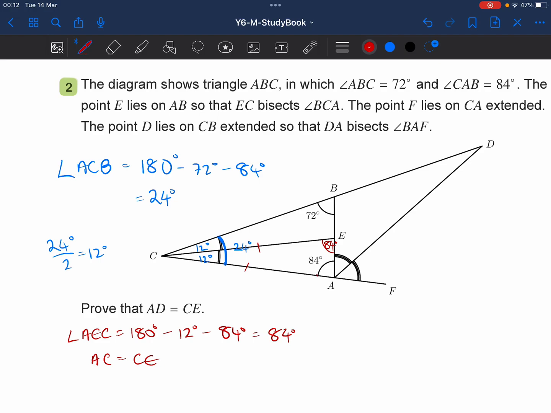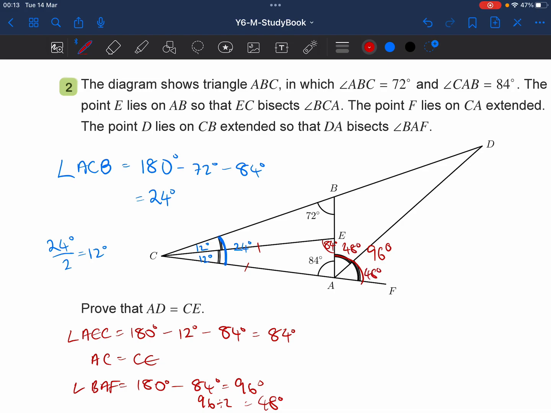So we can look at the angles on a straight line, which lets us find BAF. BAF is going to be equal to 180 degrees on the straight line minus the 84 degrees, which is 96 degrees. That's the total. Again, we were told that the line DA bisects BAF. So I can cut it into two parts and divide by 2, and I get 48 degrees, which is this angle here, and this angle here.